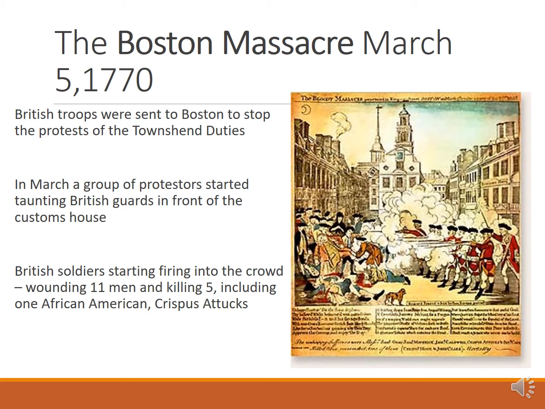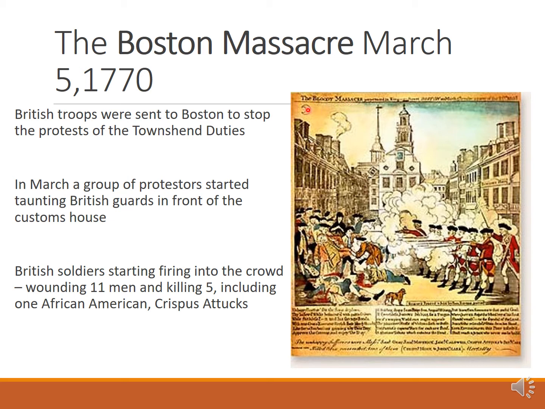But despite the fact that they were acquitted, this particular incident becomes a rally cry for patriotism throughout the colonies. You're going to get this image that you see here on this slide that will be circulated throughout the colonies, and you'll look up here at the very top.